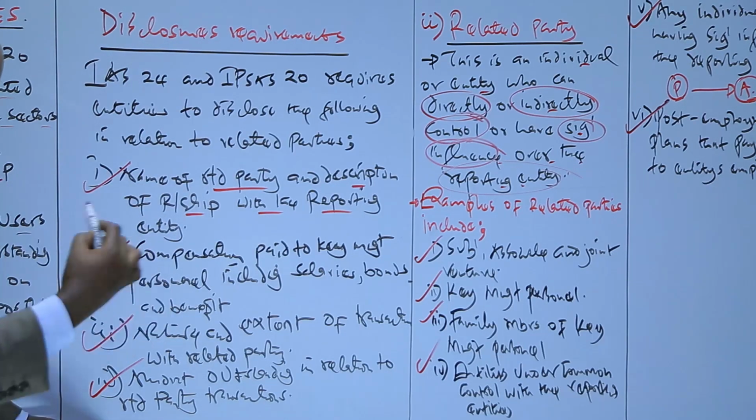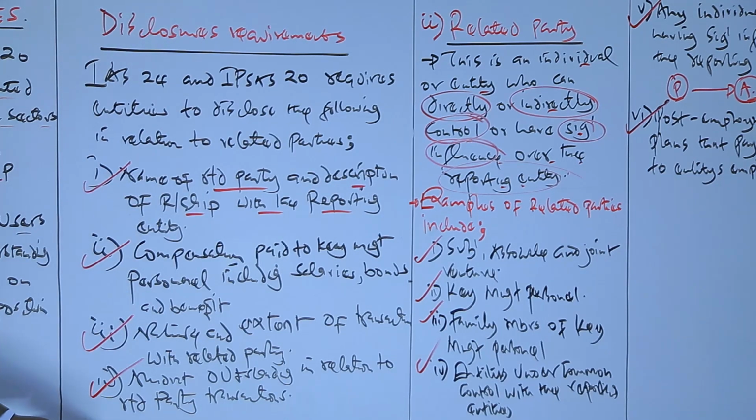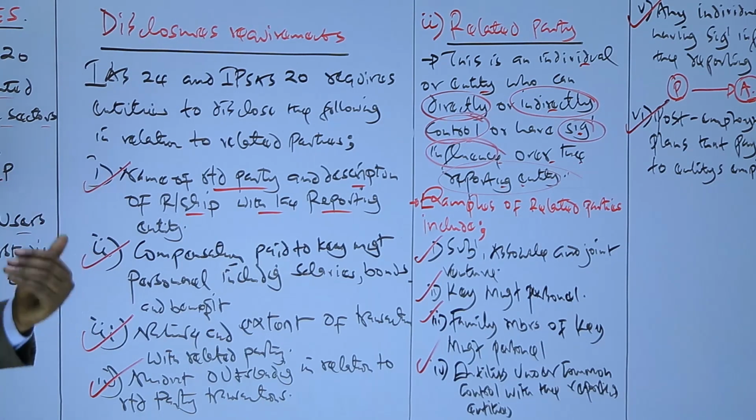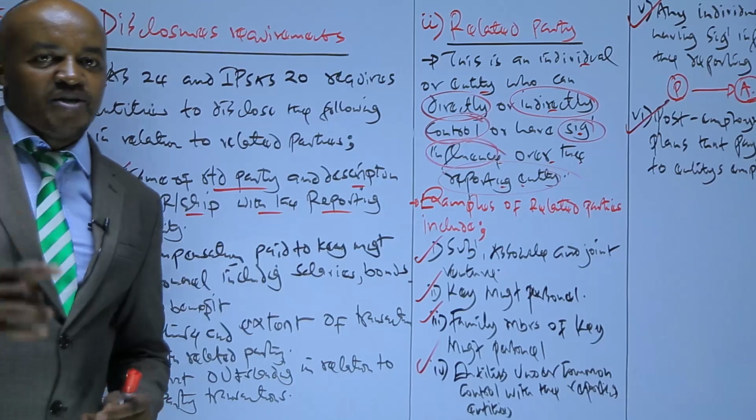If there was a transaction between, for example, the parent company and a subsidiary, or between a reporting entity and the directors, and an amount of money was not paid, that amount outstanding at the end of the year must be disclosed. So these are the disclosure requirements, or some of the information to be disclosed by reporting entities in accordance with IAS 24 and IPSAS 20.